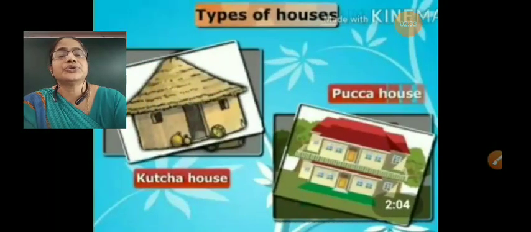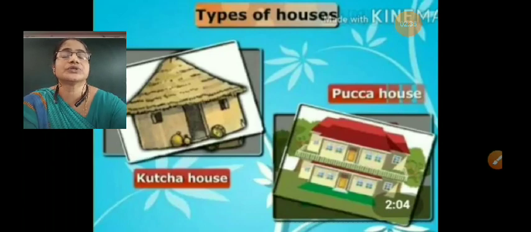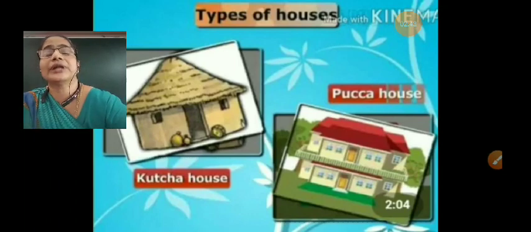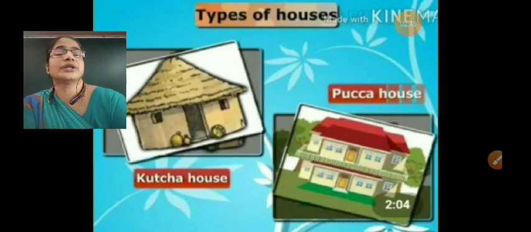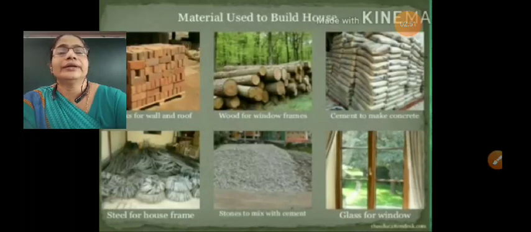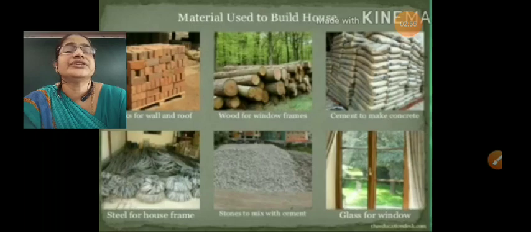There are two types of houses, kacha houses and pakka houses. You can see here both types of houses, kacha house and pakka house. Here you can see the different materials used to build a house.